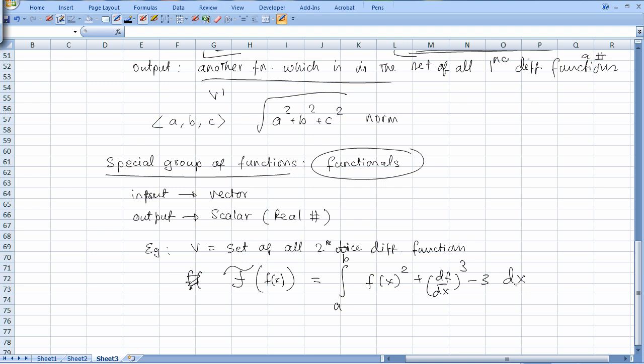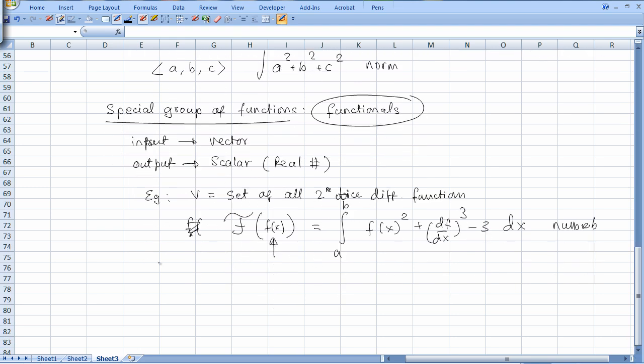I just made up something. What do you think? You think it's a functional? Let's see. Input is a function, output is a number. Yeah, it's a functional. How about this? F of f equal to the max over x of f of x. Is that a functional or not? What do you think?